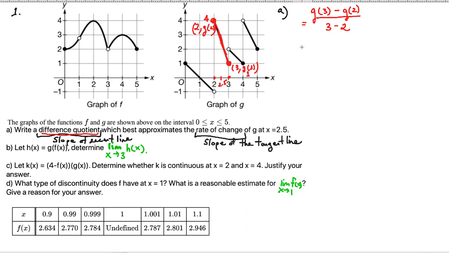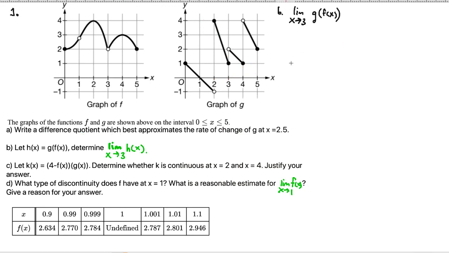And again, this is just the slope of the secant line, or the difference quotient. So G of 3 is 1, minus G of 2 is 4, over 3 minus 2 is 1. 1 minus 4 is negative 3, divided by 1 is negative 3.